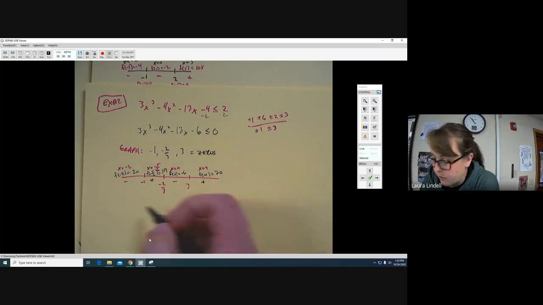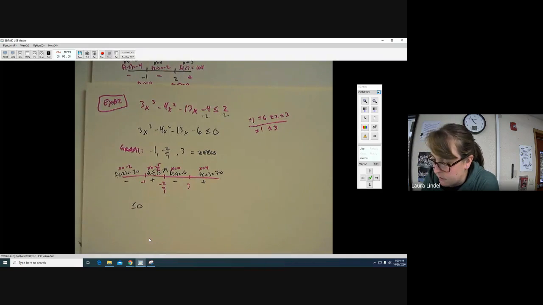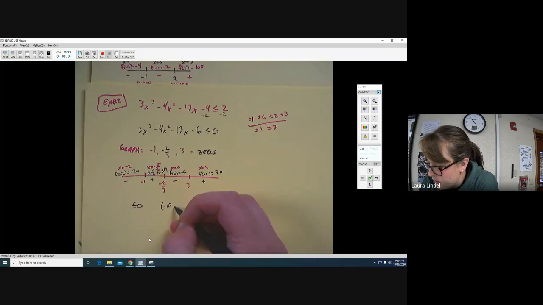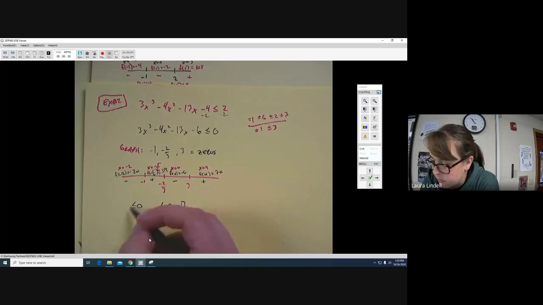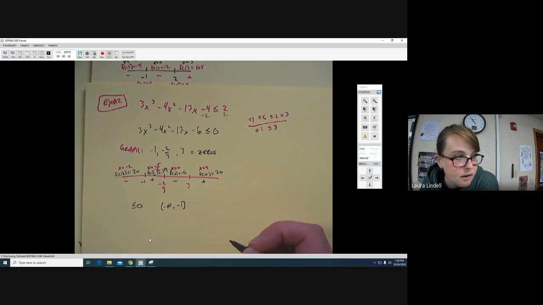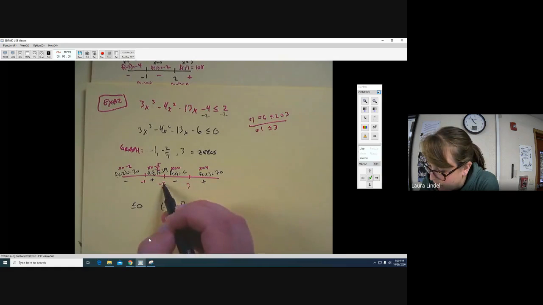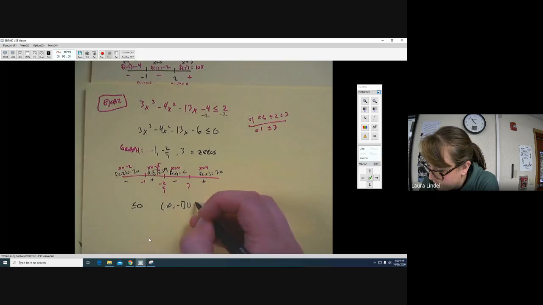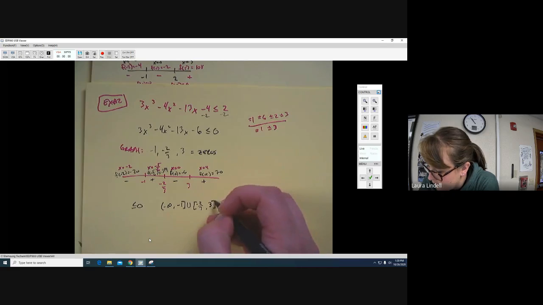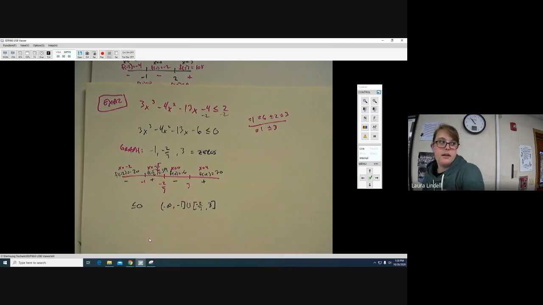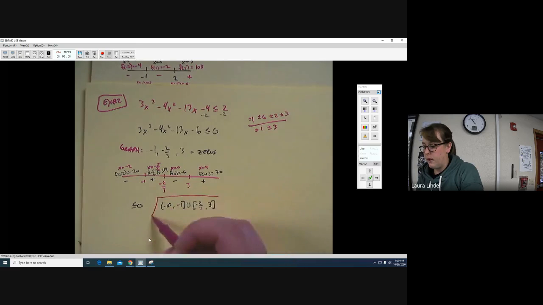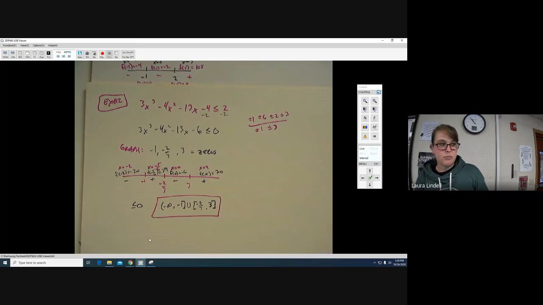And since we're looking for less than or equal to 0 intervals, that means we want negative infinity to -1 inclusive, since it's or equal to. And then we want this interval as well, the -2/3 to 3, inclusive on both ends, since we have that less than or equal to. So this would be one way of expressing our solution.